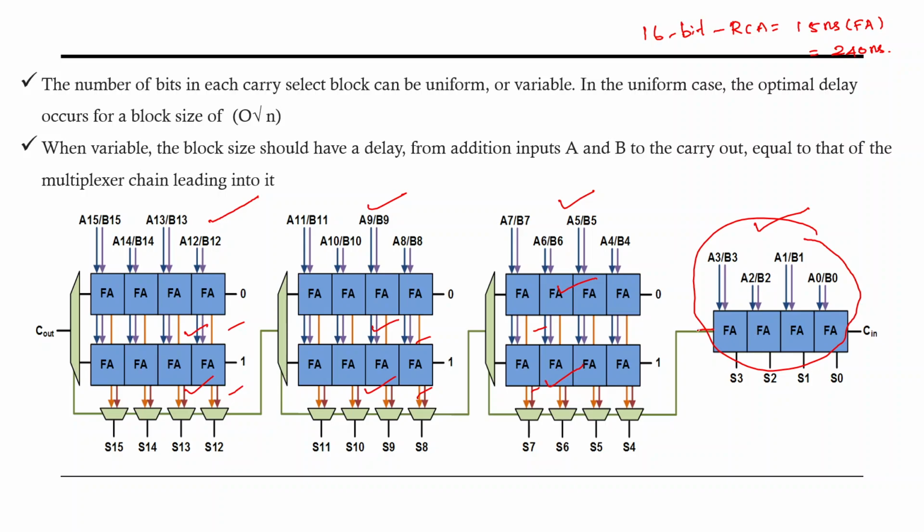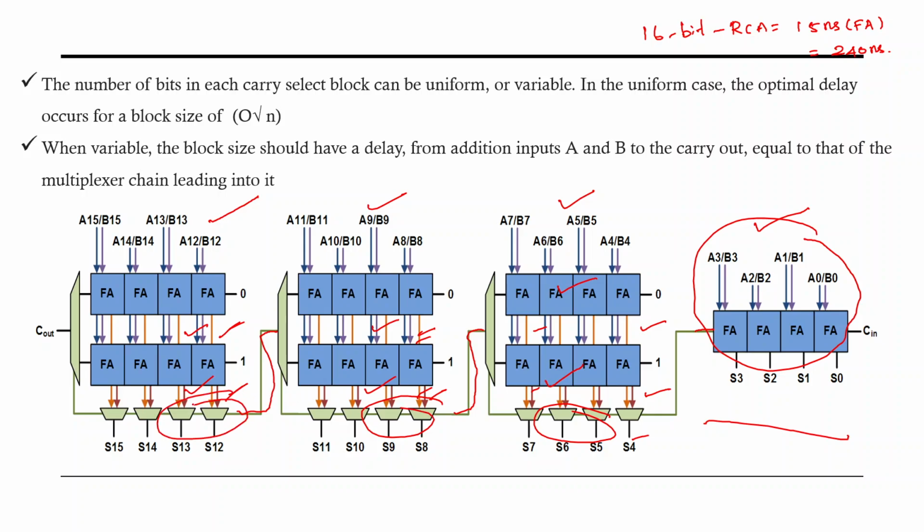Depending on the carry out, it will select either the carry in 0 output or the carry in 1 output for S4, S5, S6, S7. And then depending on this stage's carry output, it will select this output or this output. So the delay will be this ripple carry delay time plus this multiplexer delay time.